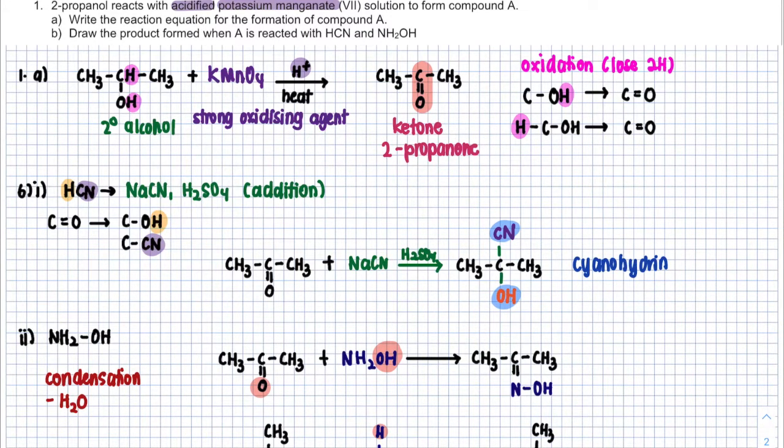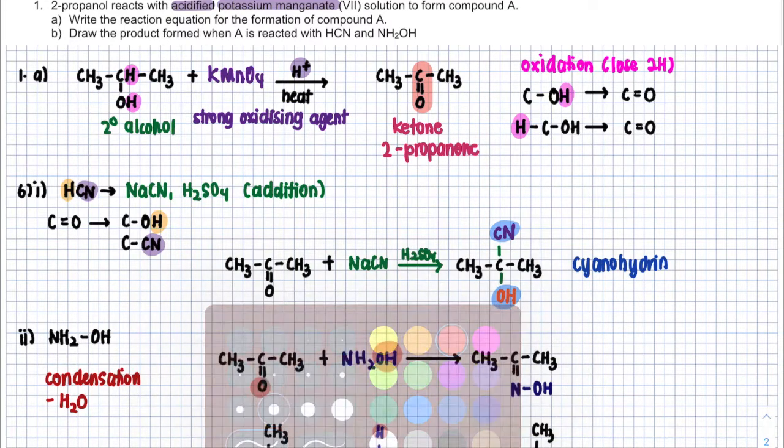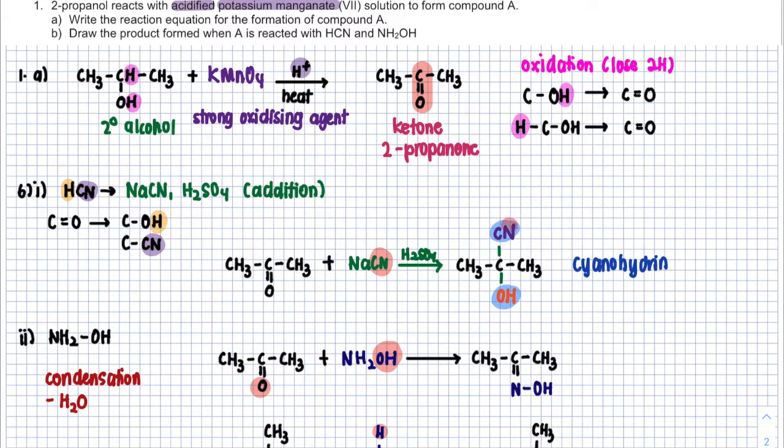From our carbonyl itself, it becomes a single bond: in C double bond O, it becomes COH. Where is this H from? This H is from our acid. So here it becomes OH, and our CH3, CCH3 is still the same.